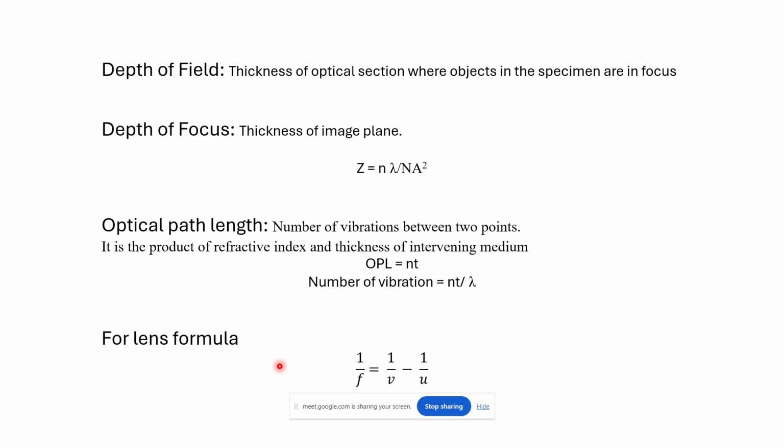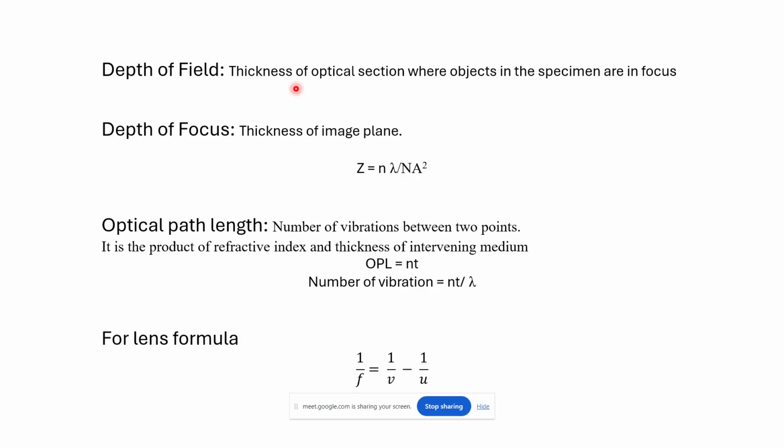Also, there is a slight confusion in every student about depth of field and depth of focus. Basically, the depth of field is related to the object and depth of focus is related to the image. So depth of field is the thickness of the optical section where the objects in the specimen are in focus.